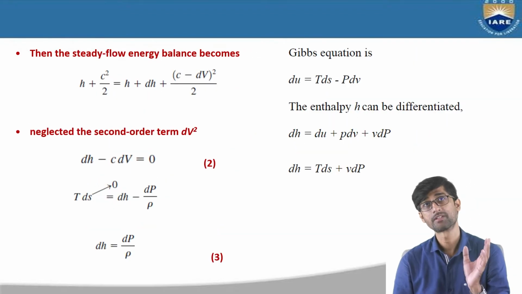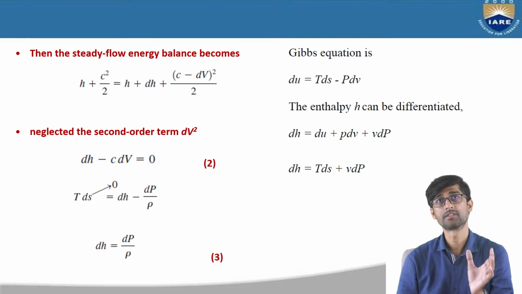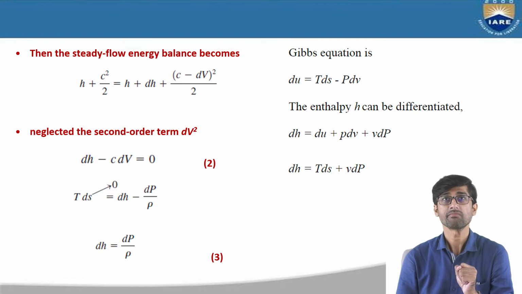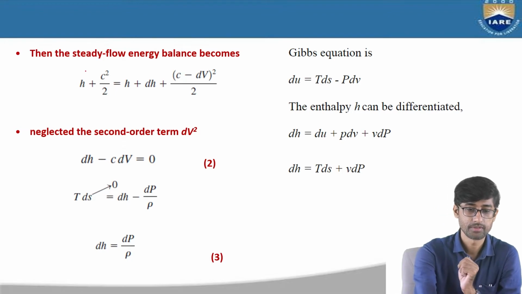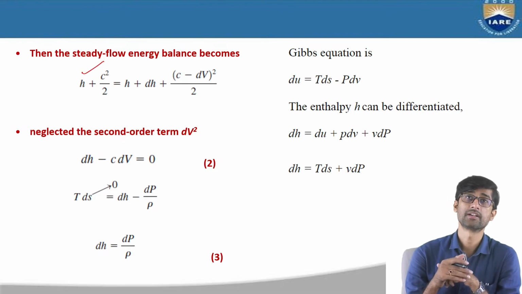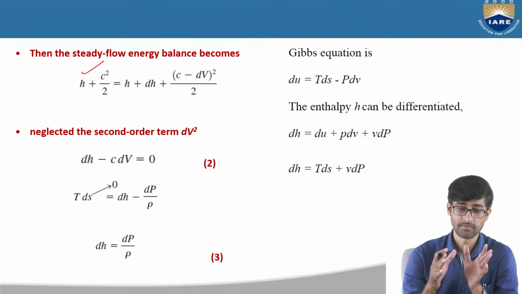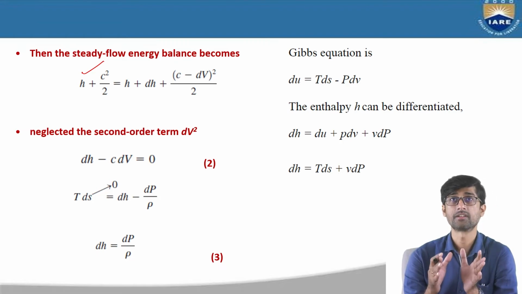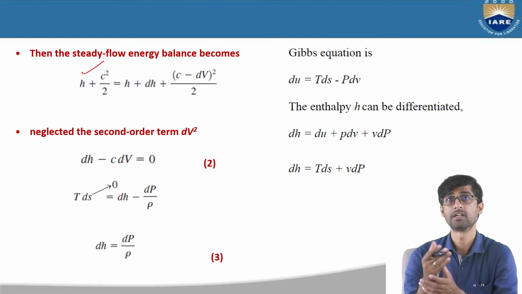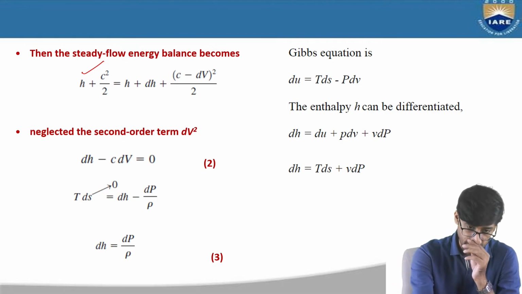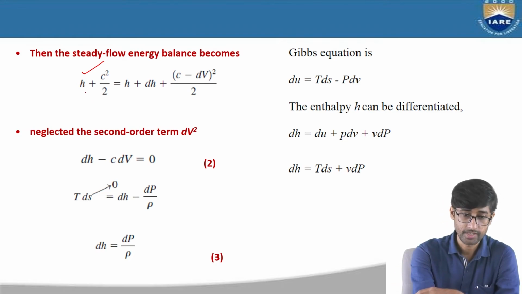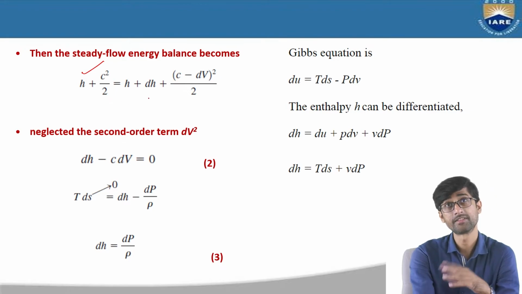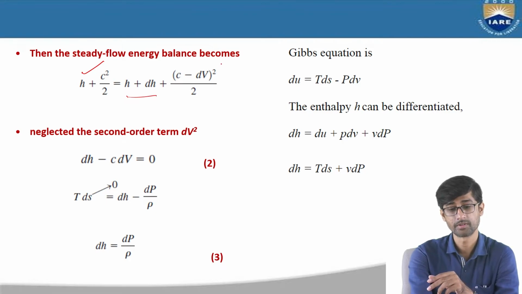Now we will apply the steady flow energy balance equation to this nozzle, neglecting potential energy, heat transfer and work transfer. So on the left, h plus c square by 2, the kinetic energy, is equal to h plus dh plus (c minus dv) whole square by 2.